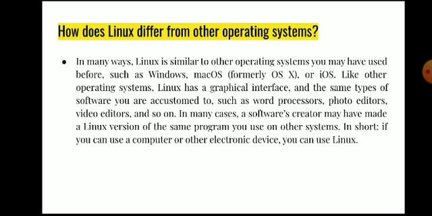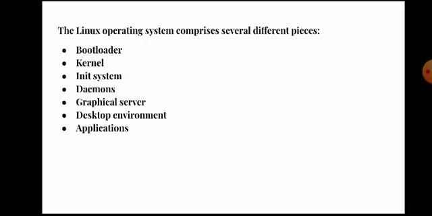Like other operating systems, Linux has a graphical interface and the same types of software you are accustomed to, such as word processors, photo editors, video editors, and so on. In many cases, software creators may have made a Linux version of the same program you use on other systems. In short, if you use a computer or other electronic device, you can use Linux.